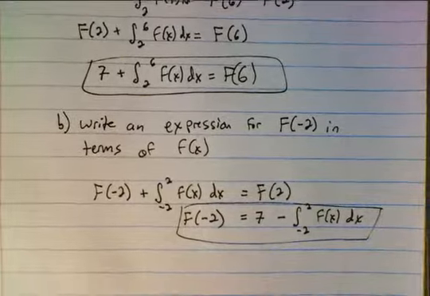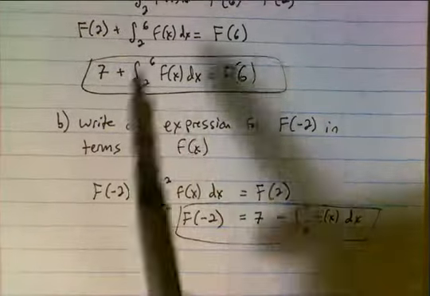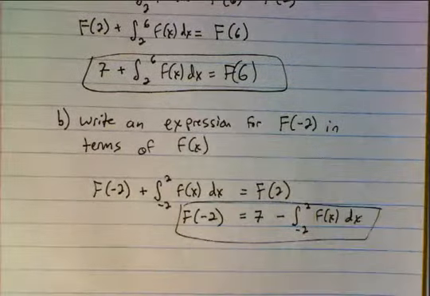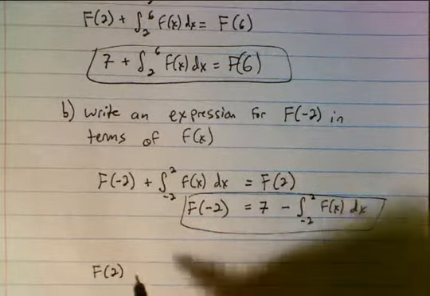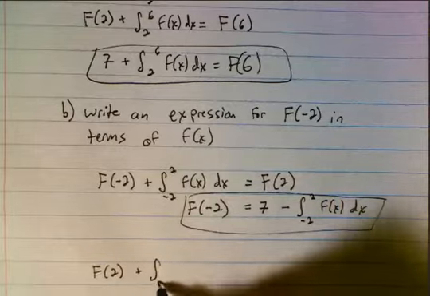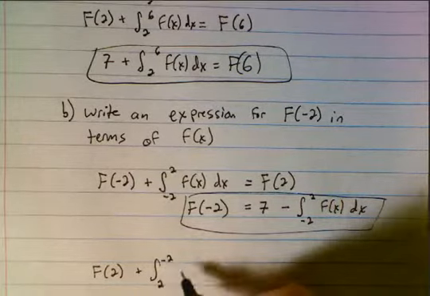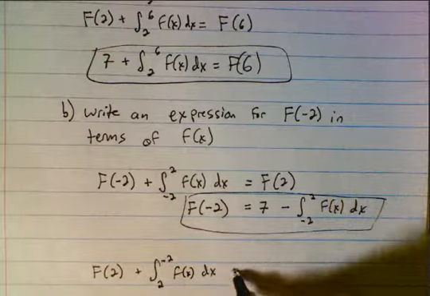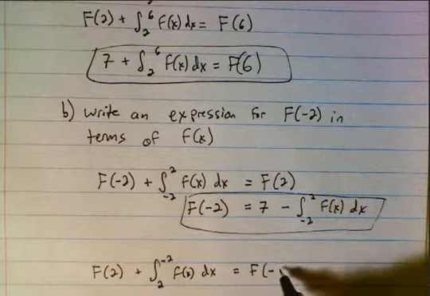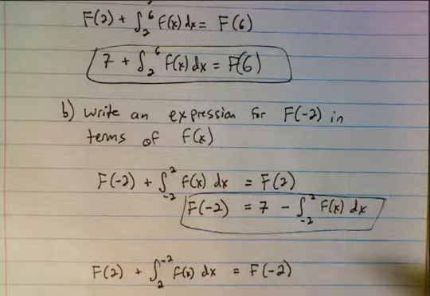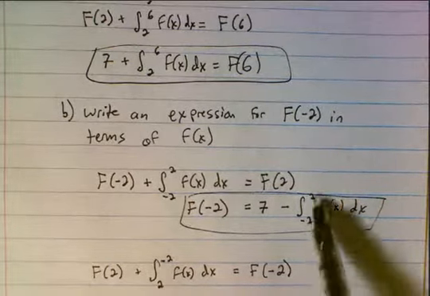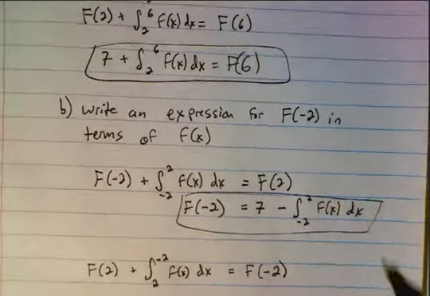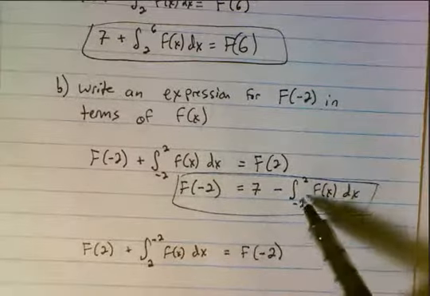Alternatively, we could also have done it exactly the same way that we did up here, in terms of saying whatever it is that we started with, F of 2, which we know, plus the change from what we know to what we want to know. Remember, changing these bounds makes the area the opposite of what it was.